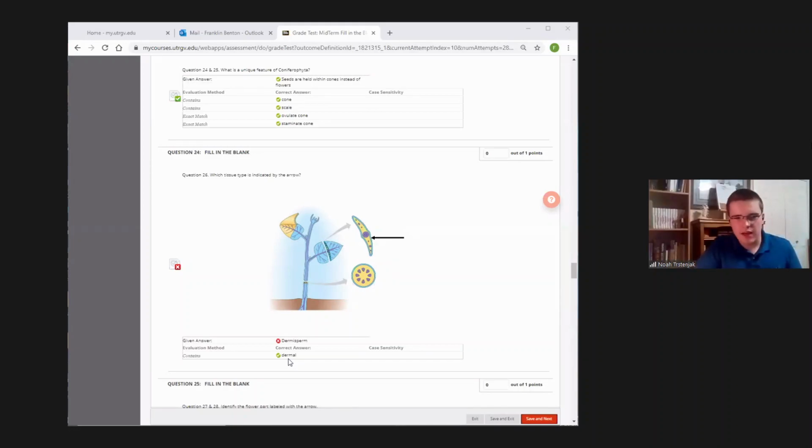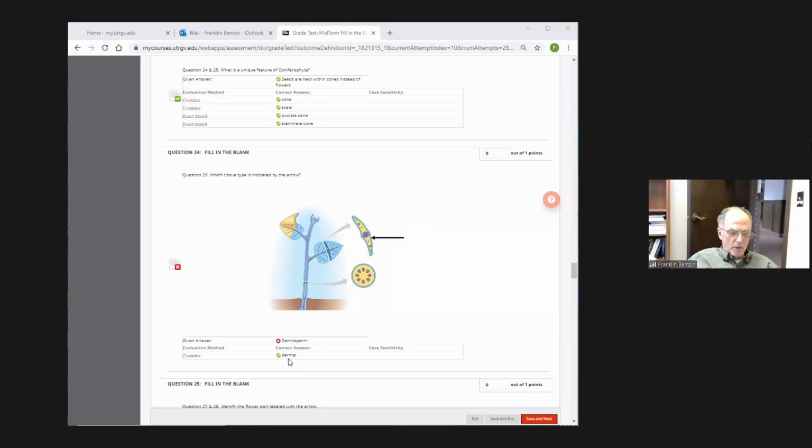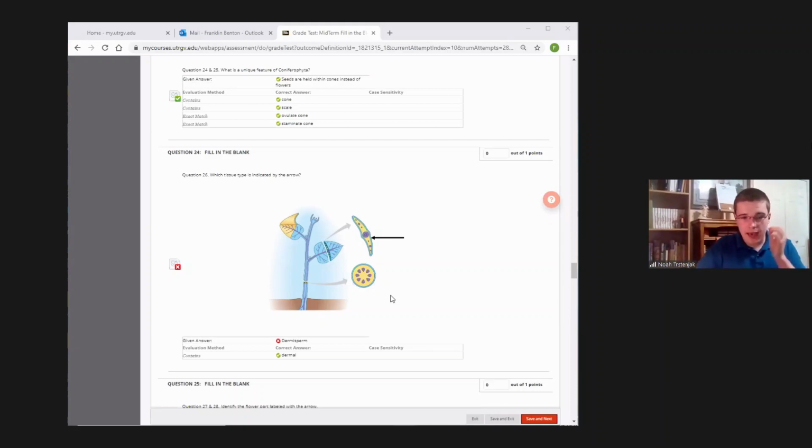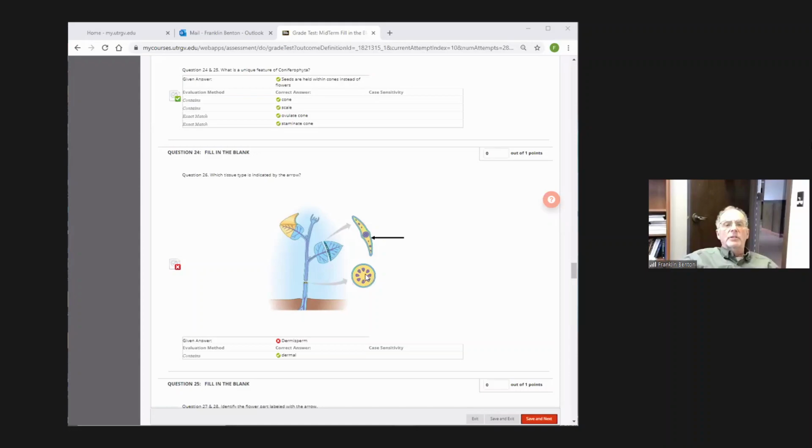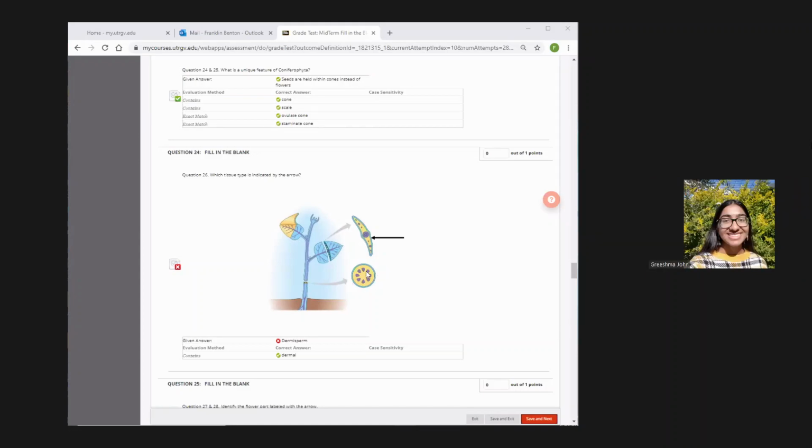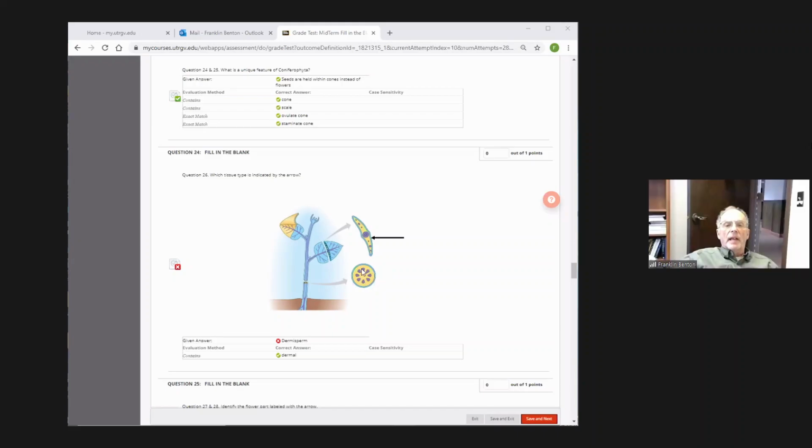For some of these questions, I don't think I had that one. I think I had the arrow pointing to the structure below. The arrows are unclear, so I'm going to look at them. I couldn't tell if the arrow was pointing to the vascular bundles or not, but I put vascular tissue because I thought it was pointing to the purple circle.